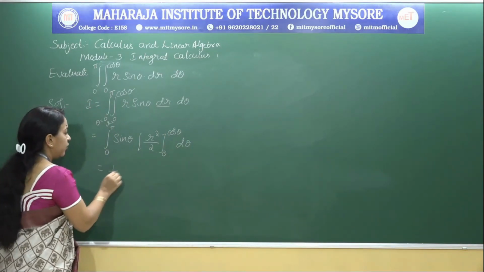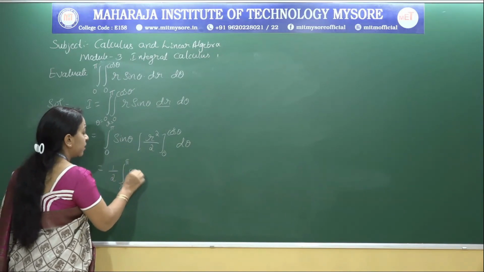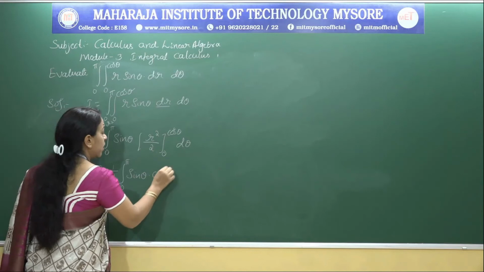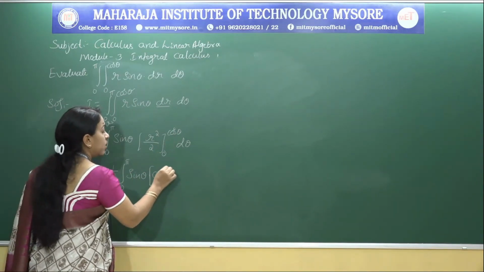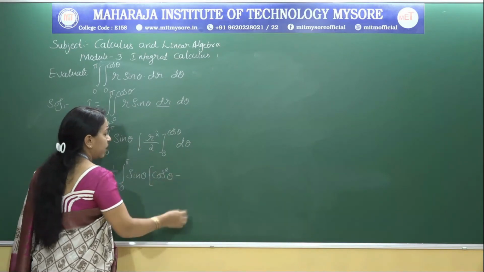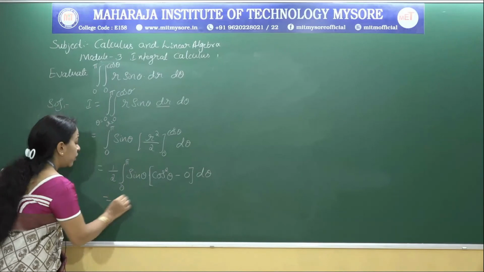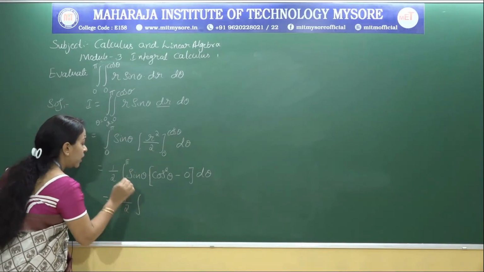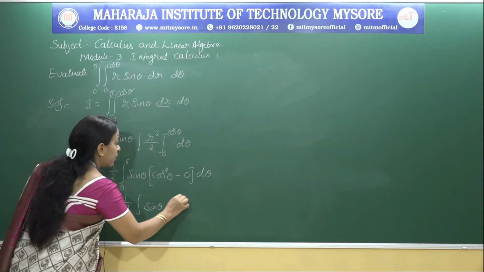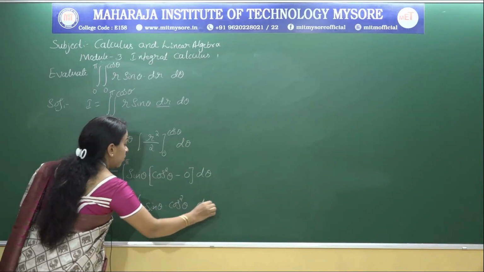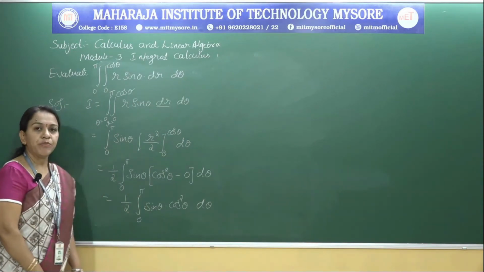It is nothing but 1 by 2 into the integral from 0 to pi of sin theta into, applying the limit, replacing the upper limit cos square theta minus the lower limit 0, d theta. So we are left with 1 by 2 into the integral of sin theta cos square theta d theta, where the limit of the integral is 0 to pi.